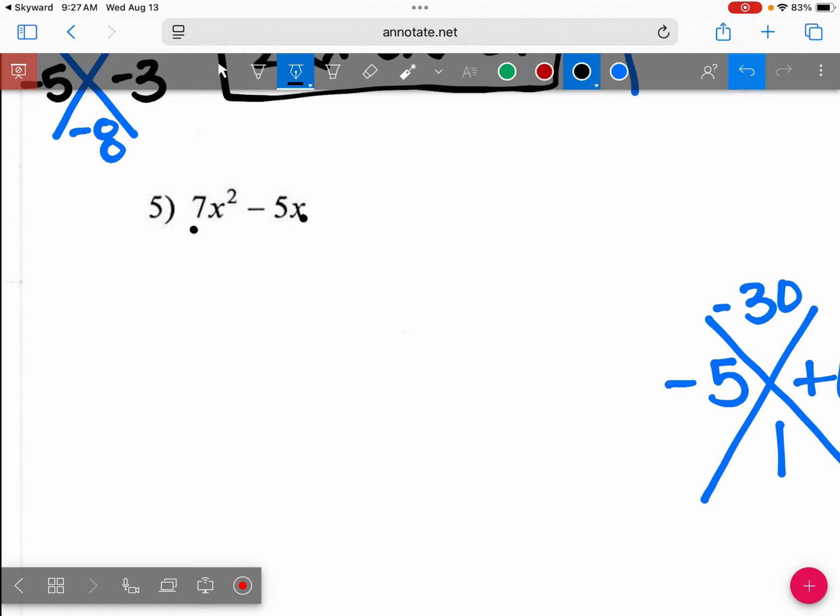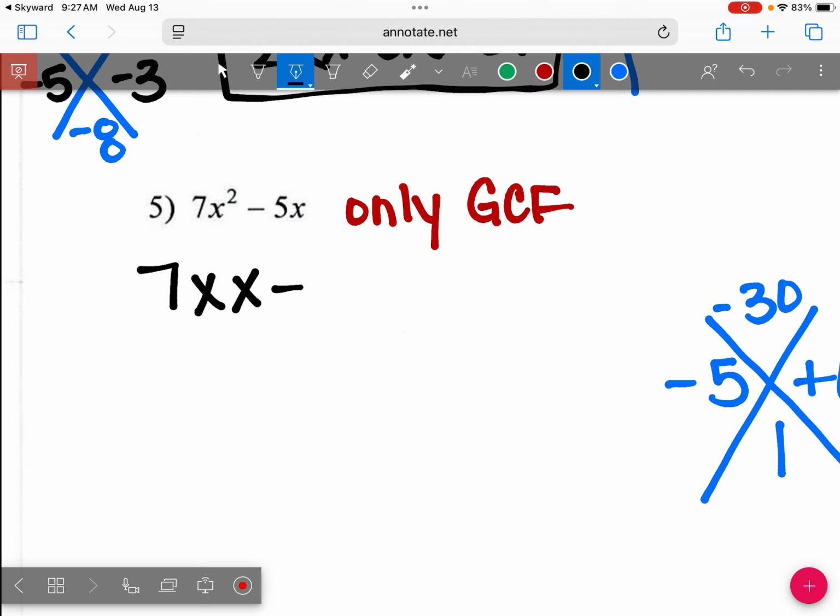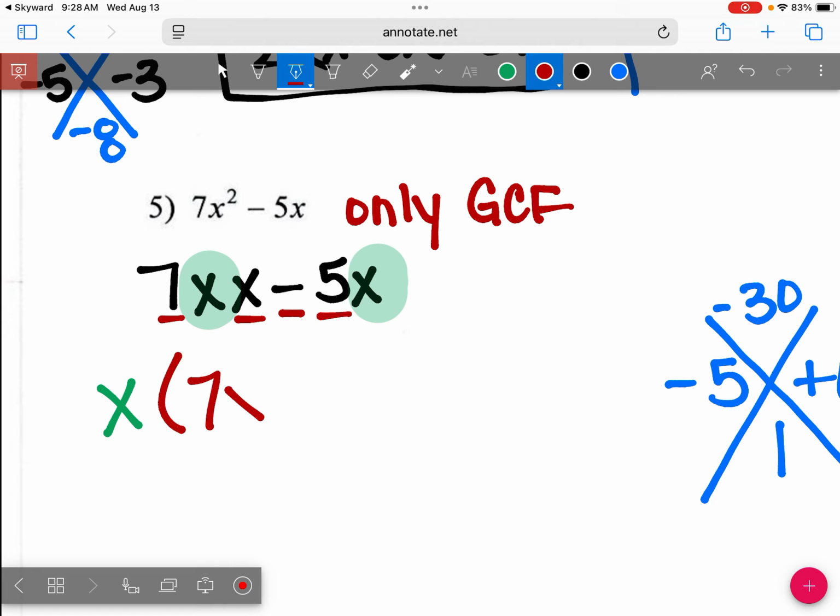They're not perfect squares. So the only thing I can do is take out the GCF. When you're looking at 7x squared, that means I have 7x times x minus 5x. What do they both have that I can take out? An x. When that x comes out, I have 7x minus 5 left on the inside.